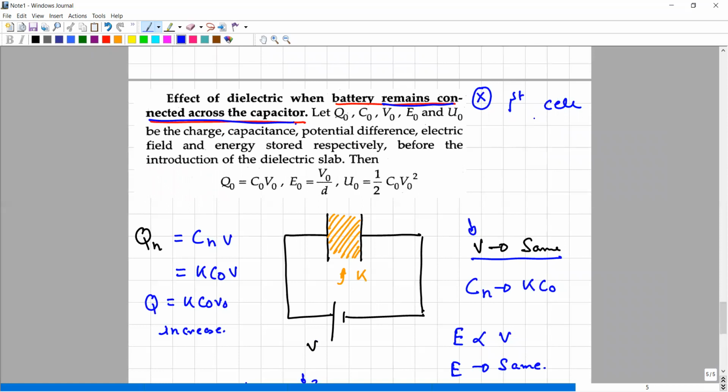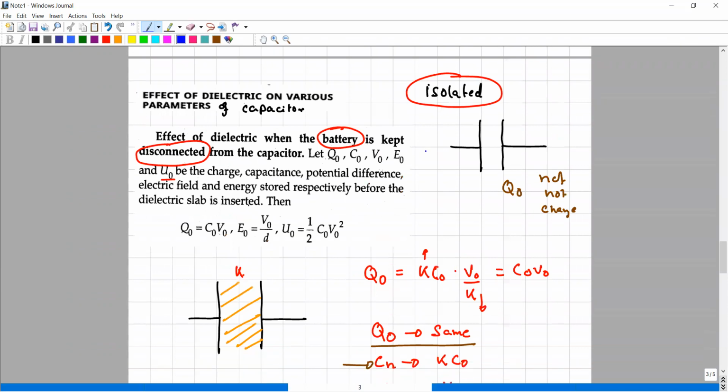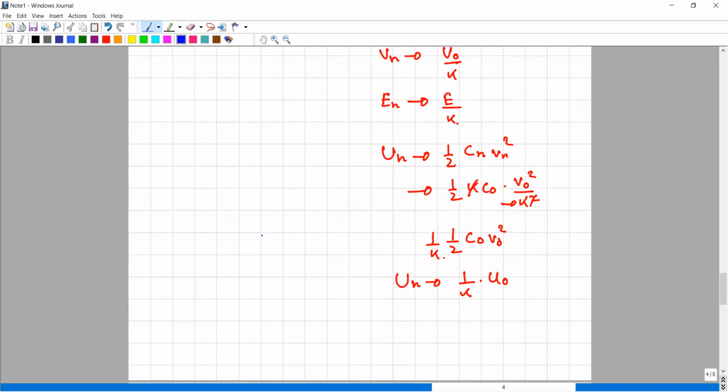If it is connected to the cell, then different changes are going to happen, as we have discussed here. If not connected to the cell, then this kind of change is going to happen. So before solving any such numerical involving dielectrics and capacitors, first make sure to know whether the capacitor is isolated or connected to the cell.